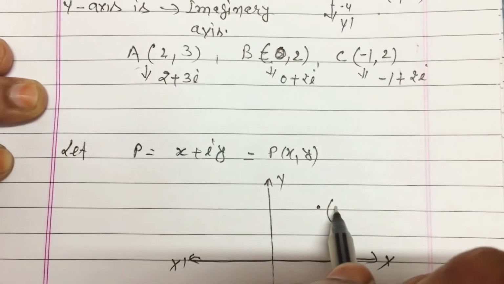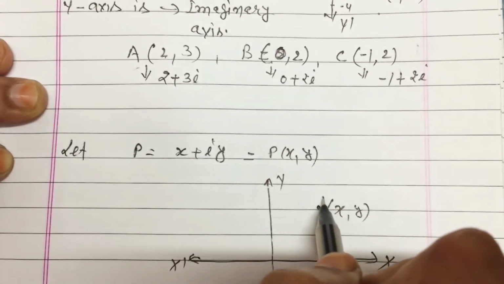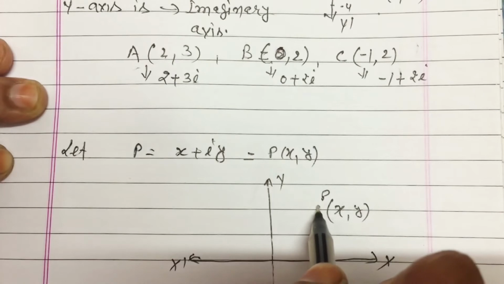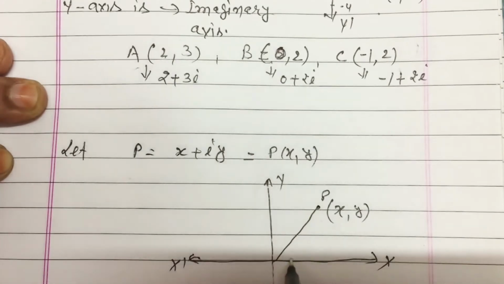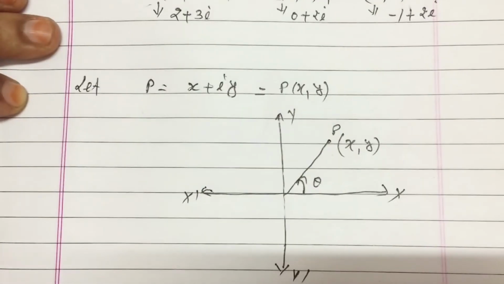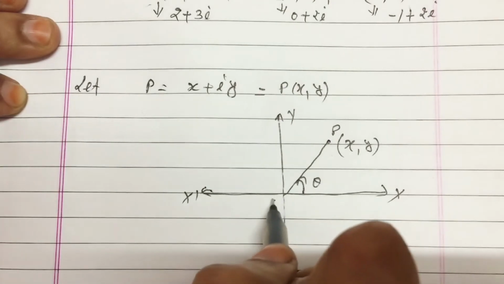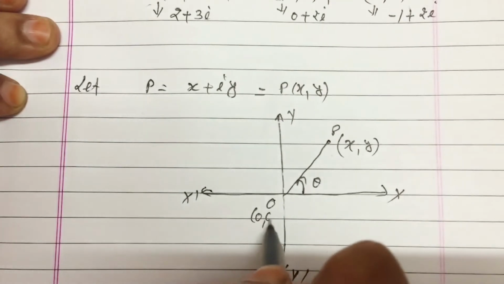Okay, it's (x, y), point is P. And now see here, it is making an angle theta. Okay, and this is the origin, (0, 0).